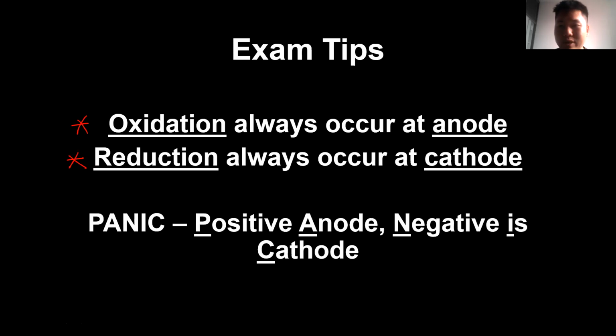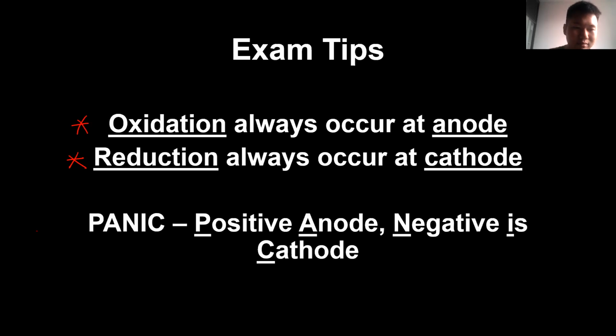It's good that you memorize them, so that during the exam, if the question asks you to explain the redox reaction for this electrolysis question, you will know for sure that oxidation will always happen at the anode. Throughout the whole topic, these two statements are true. So you must memorize them, so that you don't make mistakes during the exam.